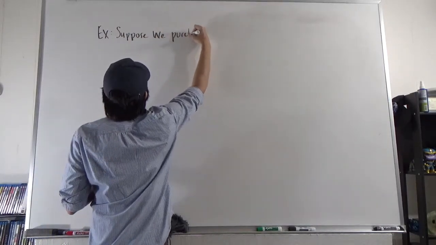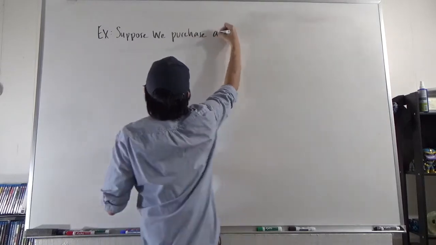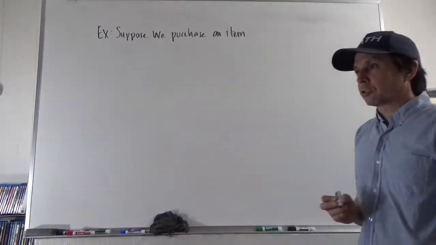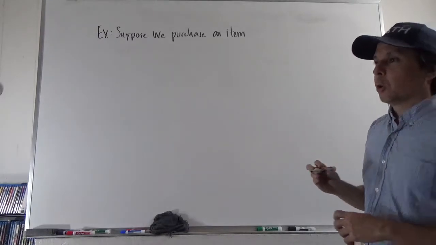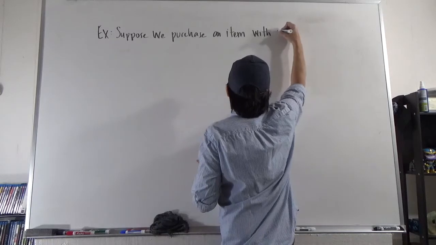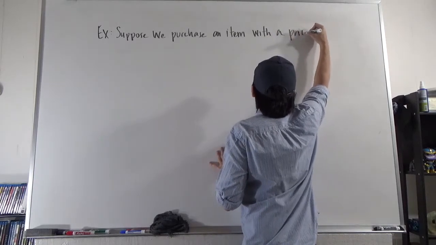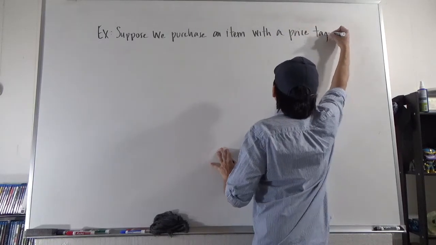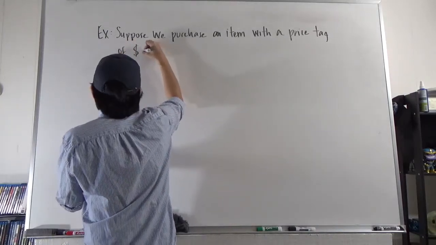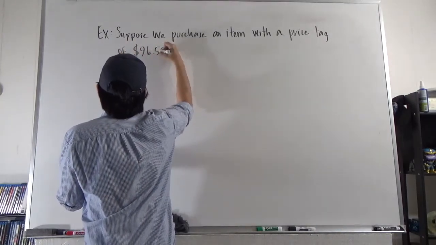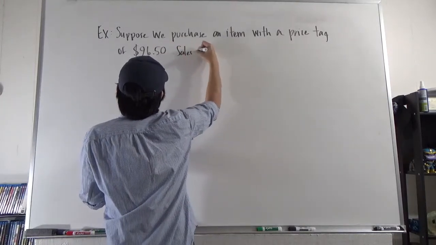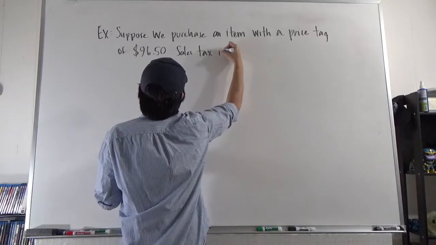Suppose we purchase an item. I guess I got tired of coming up with scenarios, actual things to purchase. So an item with a price tag of $96.50. Sales tax in this scenario is 7%.